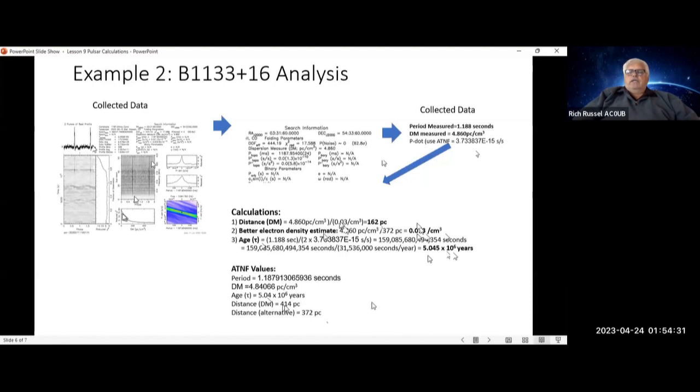What that does indicate is that the electrons per centimeter cubed in the column of space between Earth and the pulsar is less dense than the average. That's good information. And this method using the collected data allows you to get really close to the age value.